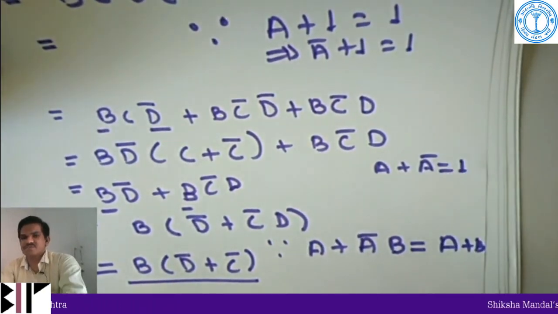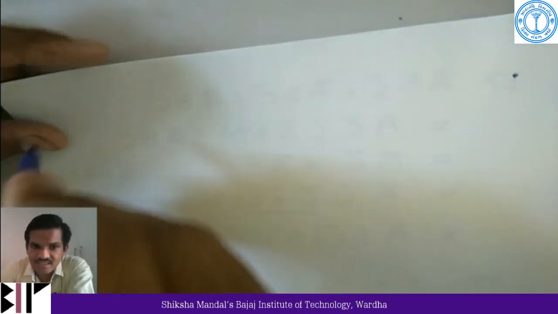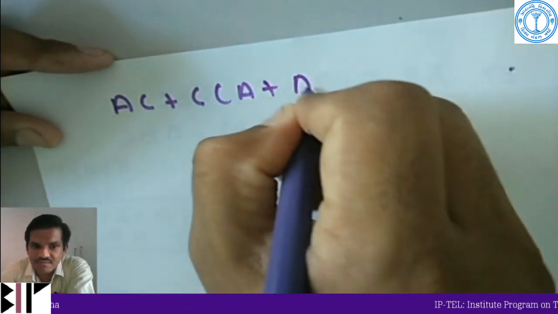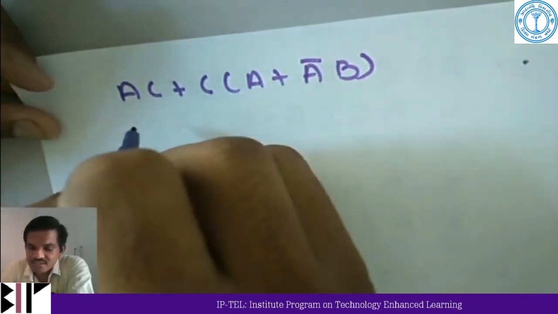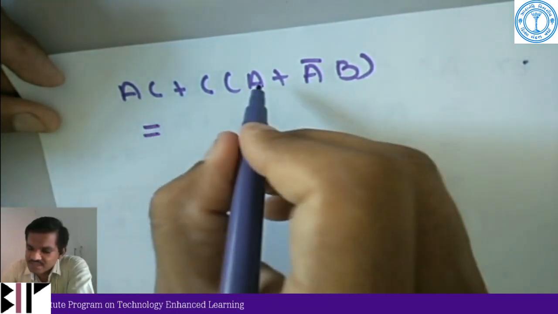Got this? Okay. Let us go for another example: a c plus c a plus a bar b. We have to minimize this expression. So we will multiply this first.